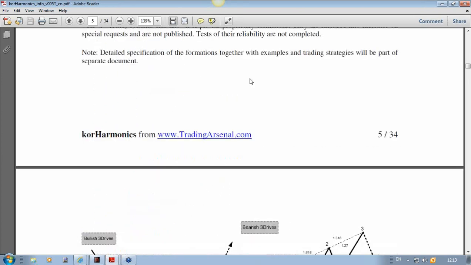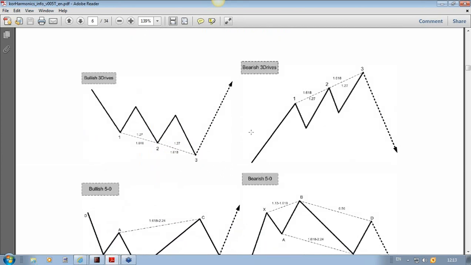If we go a little lower, for example, that's how it looks. See, that's the bearish 3 drives. That's the same I'm talking about with the divergences. Remember 1, 2, 3, 4, 5, which is 3 tops, and the clear line between them, and the divergence, and then bam, all the way down.